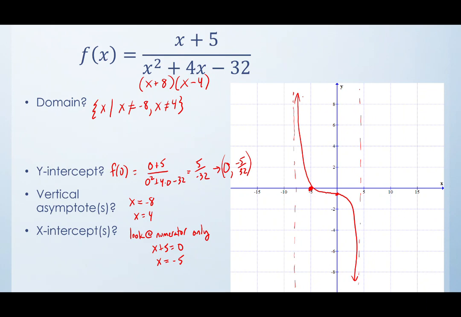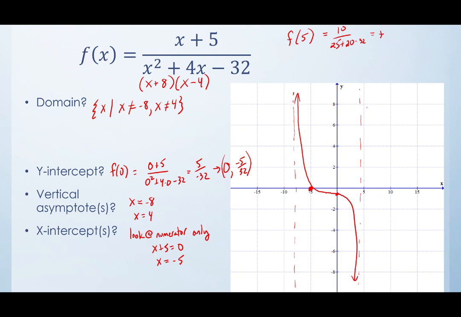Now, we do have the function existing above 4 and below negative 8, so we can just pick a point and find the sign. So if we plug in 5, for instance, we're going to get 10 over 25 plus 20 minus 32, which is something positive, and that's all that I care about.